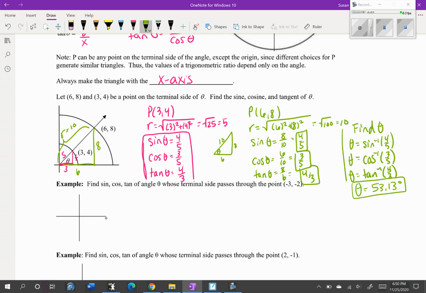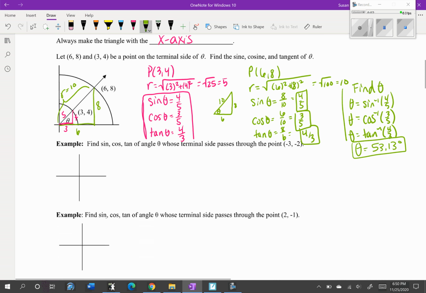Again, that wasn't one of the questions, but I'm just showing you that you can find it if you had to. So for the next example, it says, find the sine, cosine, tangent of angle theta whose terminal side passes through the point -3, -2. So that tells us -3, -2 is in quadrant 3. So we're going an x value of -3 and a y value of -2.